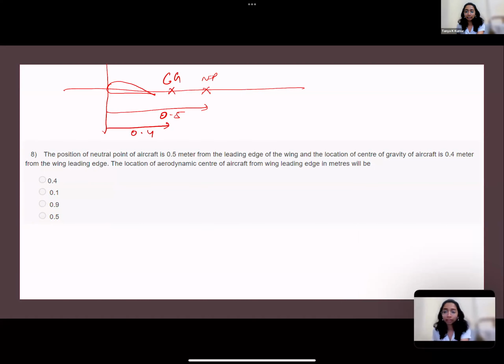Now, first of all, is this aircraft stable or unstable? Longitudinal static stability, is this stable or unstable?